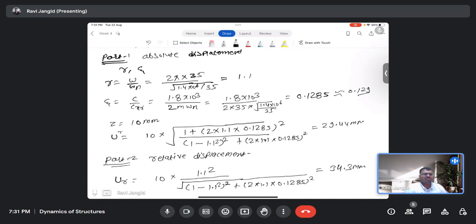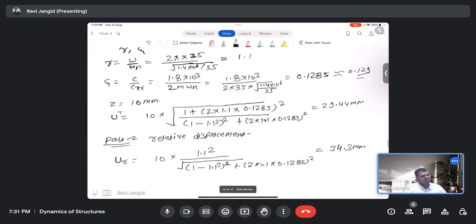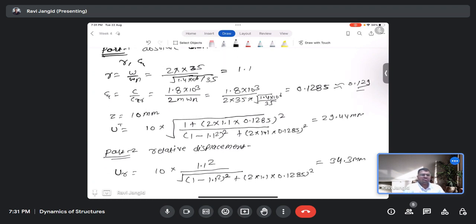Check your calculation. I think I'm using 0.129, so that's why I'm getting this. That might be the reason. Okay, is there any doubt in this question? Yeah, I got the same answer. I didn't square that R, I had taken only R. Okay.